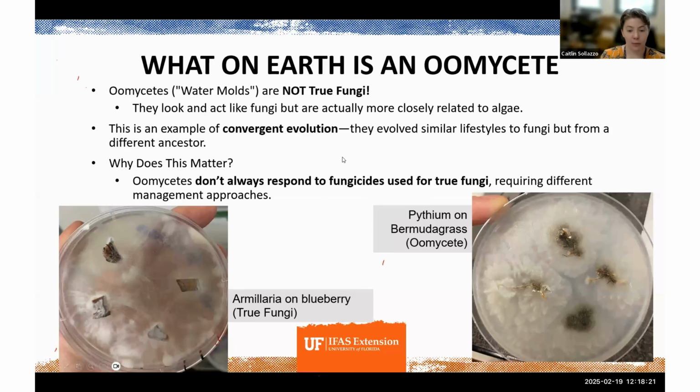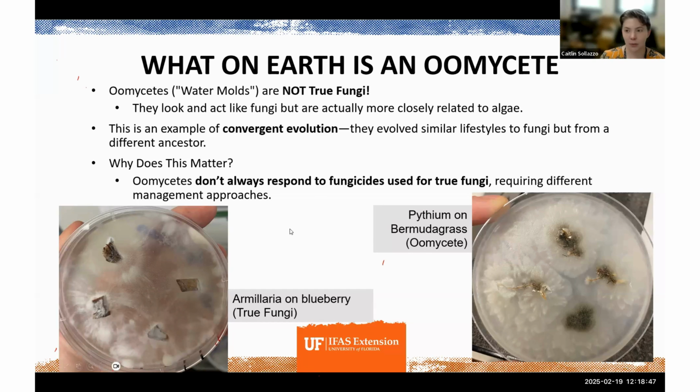Basically they're vastly different in the whole web of life, but they've converged to have very similar life cycles or lifestyles, and they look very similar to the untrained eye. Here is a true fungus. Here is an oomycete. They look very similar, and it takes a trained eye to tell the difference.